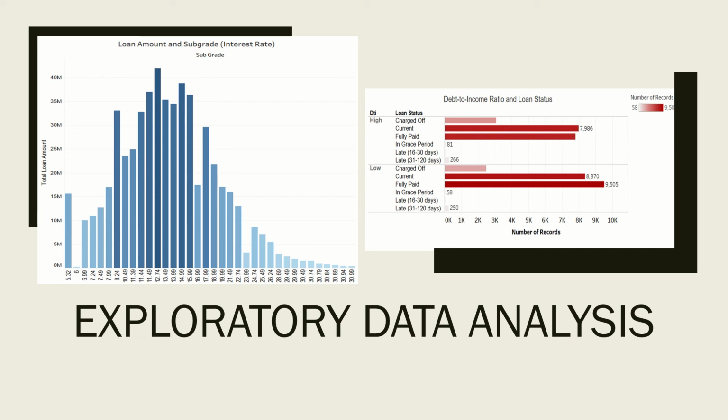And as for qualitative, it can be seen that borrowers with low DTI have higher records of fully paid loan status, and for high DTI, the records for charge-off are higher compared to low. So lenders can depend on this characteristic to make decisions like which loan they should invest in.